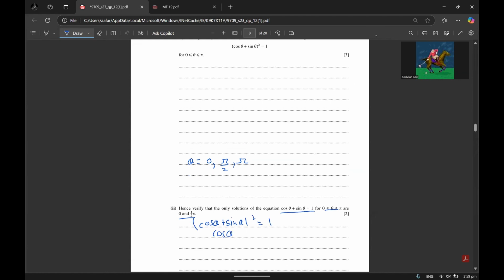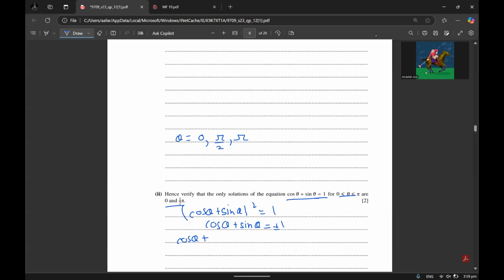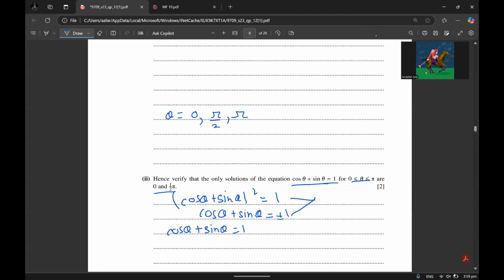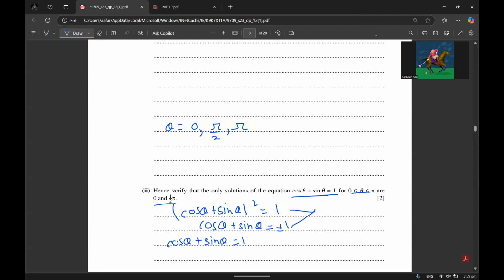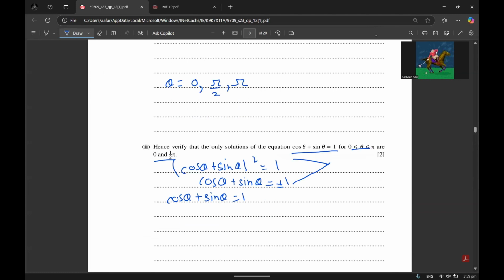And if we take the square root, we get cos theta plus sin theta is equal to plus minus 1. But we only need to consider this, equal to 1. This and these two equations are basically the same. So both equations have the same solutions, which are 0, pi over 2, and pi. So we need to verify that if this equation is only equal to positive 1, then its only solutions will be 0 and pi over 2.